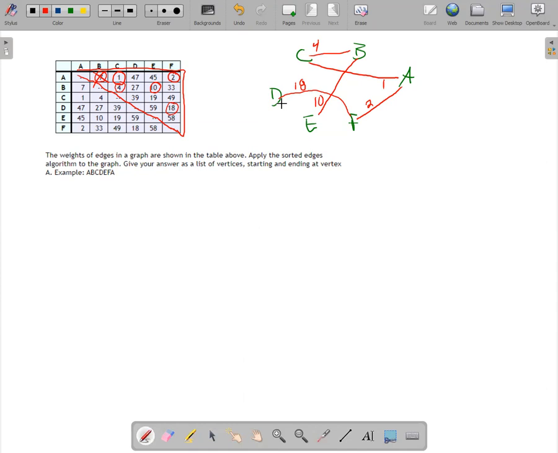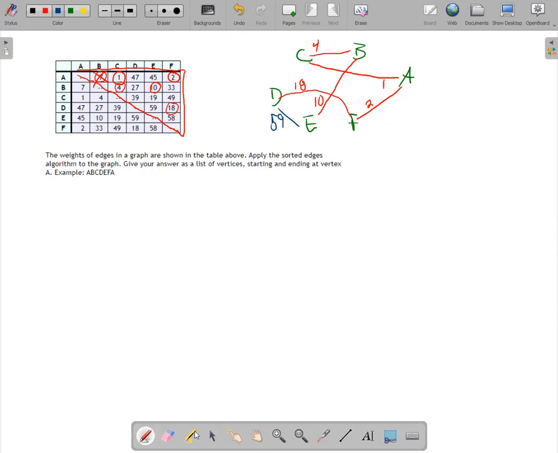I need, let's see, no, I guess I am done. I just need D to E, and then I have a connected graph. So let's just double check that. I'm going to use a slightly different color to make sure I'm right there. So D to E. Looks like the only connection I need, and DE is a 59. All right, yep.